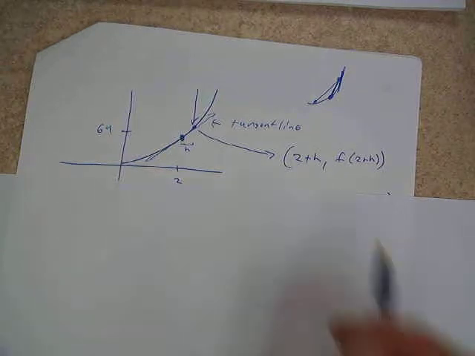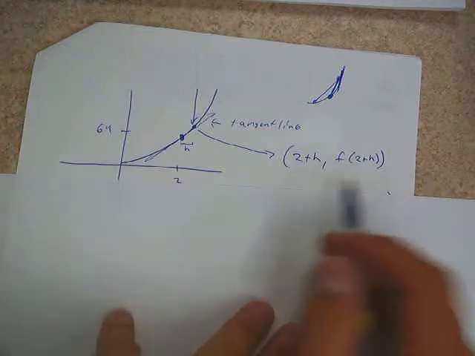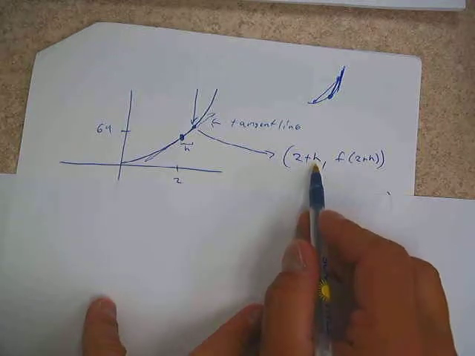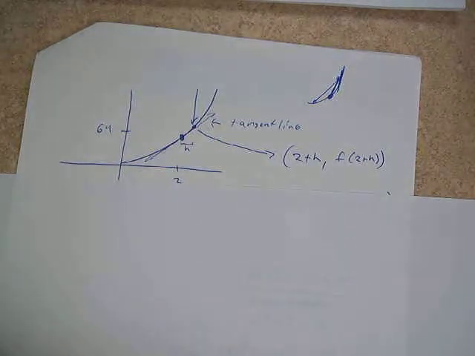So that point right there that I drew is going to have coordinates 2 plus h, and the y coordinate, of course, is going to be f of 2 plus h. Now, in our particular case, we know what f is. f is 16t squared. So we could really just write this as 16 times (2 plus h) squared, which we will in a minute.